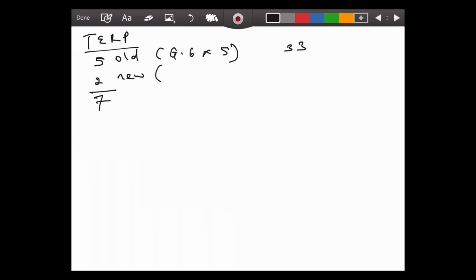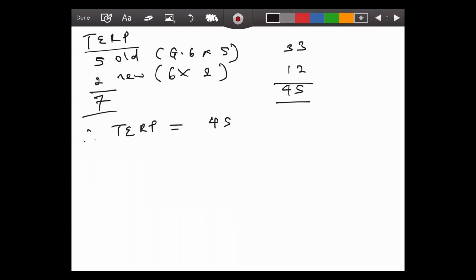The new shares will be issued at 6 naira. So 6 times 2 gives 12 naira. So the total value of the investor's investment after the rights issue will now be 45. Therefore, the theoretical ex-rights price will be equal to 45 over 7.